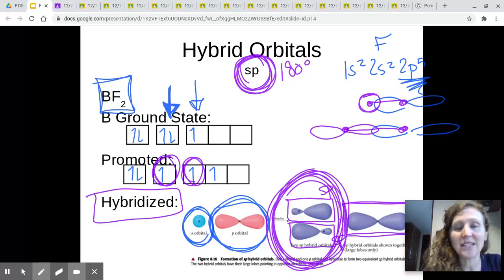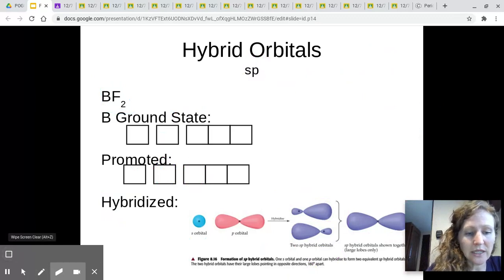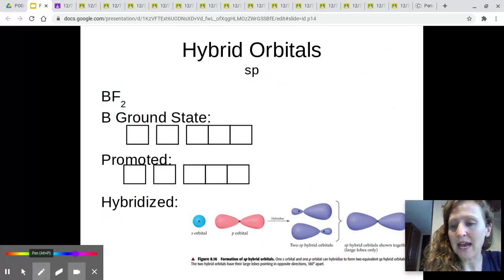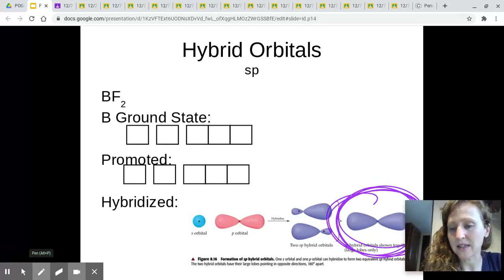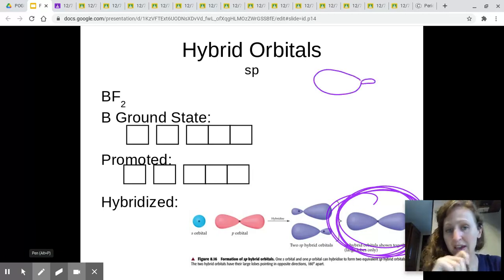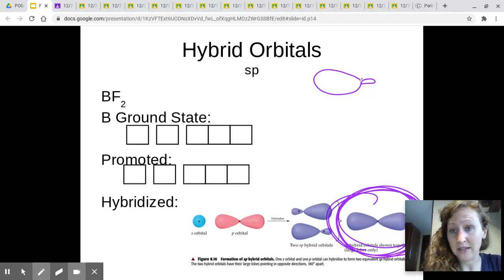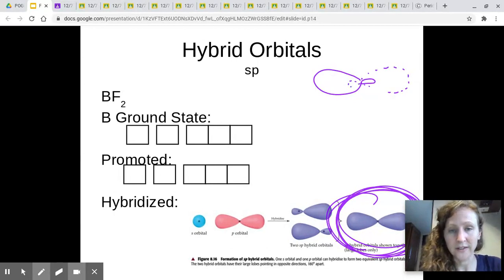Now, this fixes a lot of our problems, right? So notice that if I have my sp orbital, let me take this one and move it up here so I can show you. I have an sp orbital from boron, and I have my second sp orbital from boron.